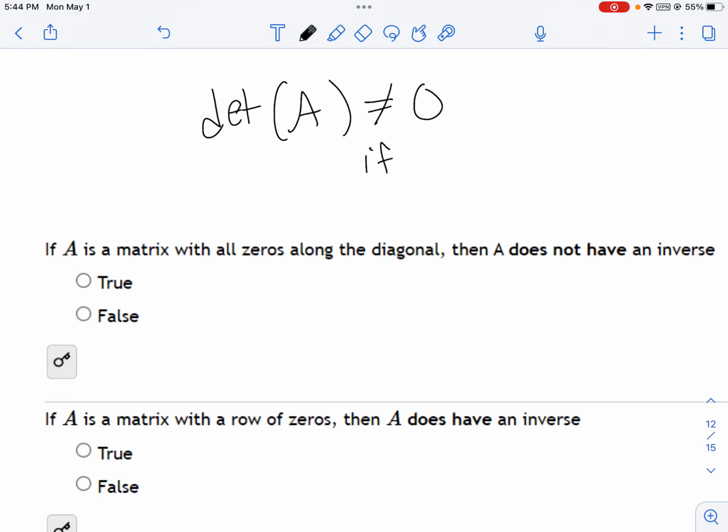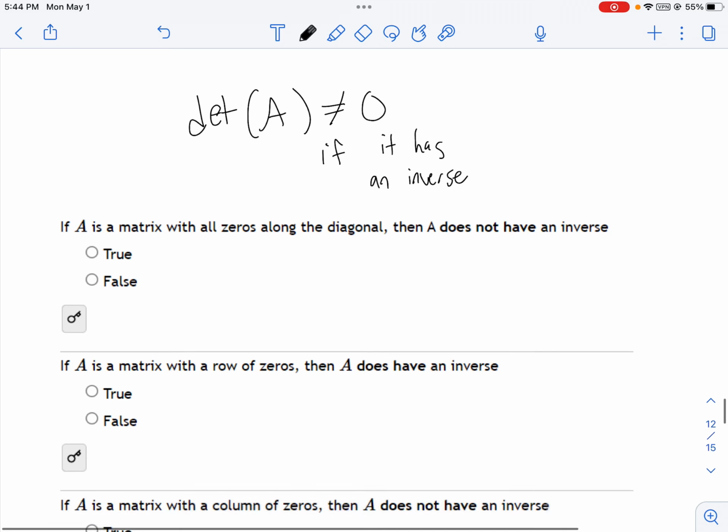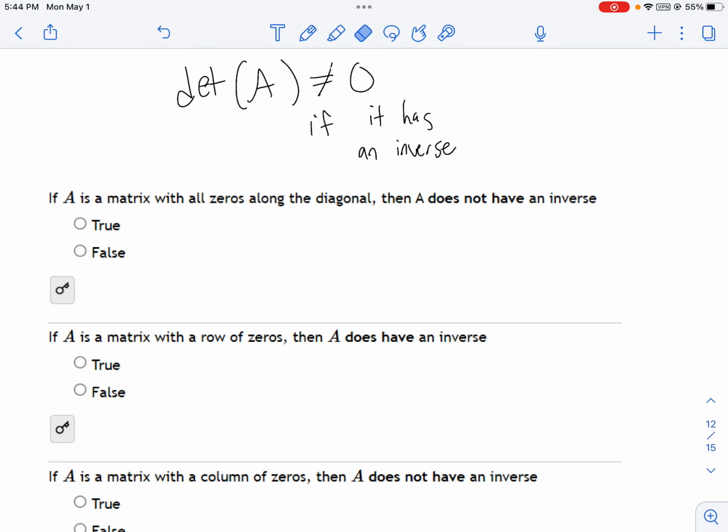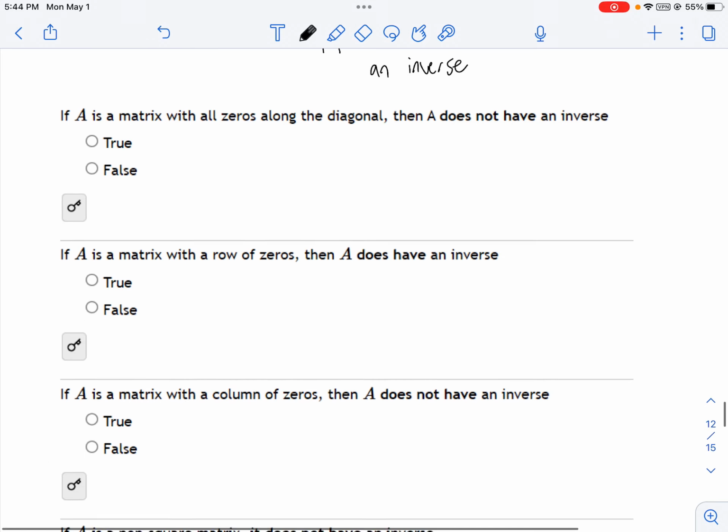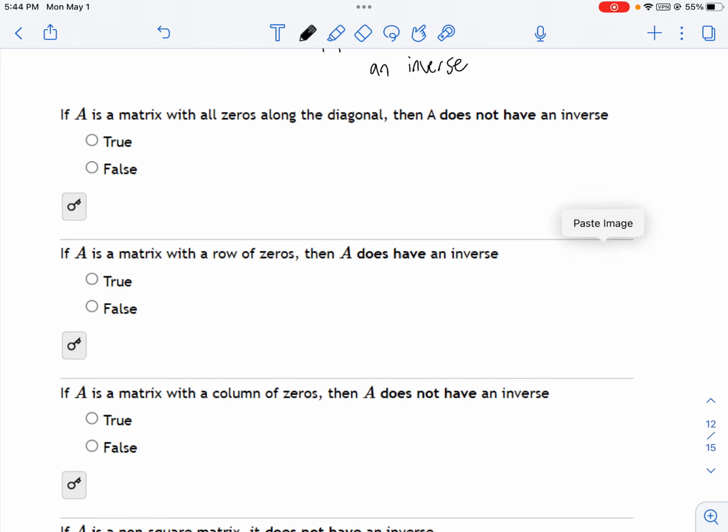If there is no inverse, then that means that the determinant does equal 0. So you want to make sure that you have a non-zero determinant if you want the inverse to exist. If there is a determinant of 0, your inverse won't exist.